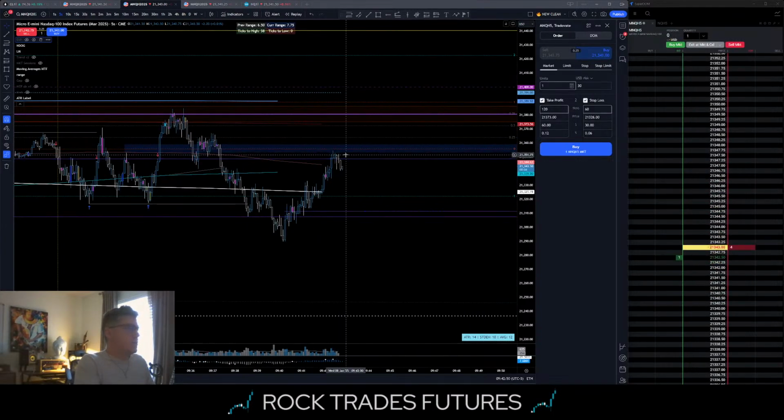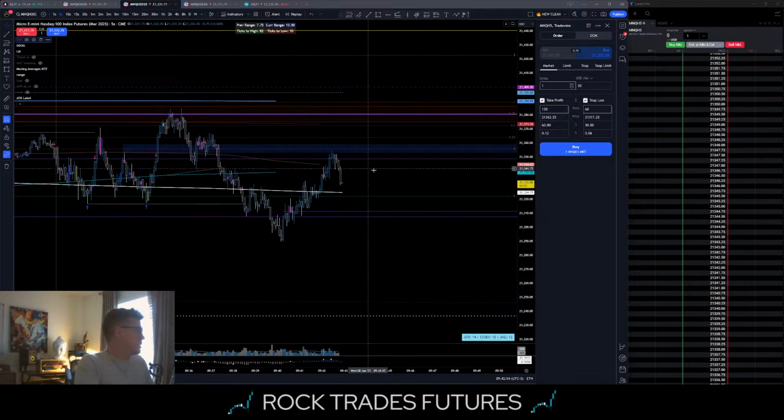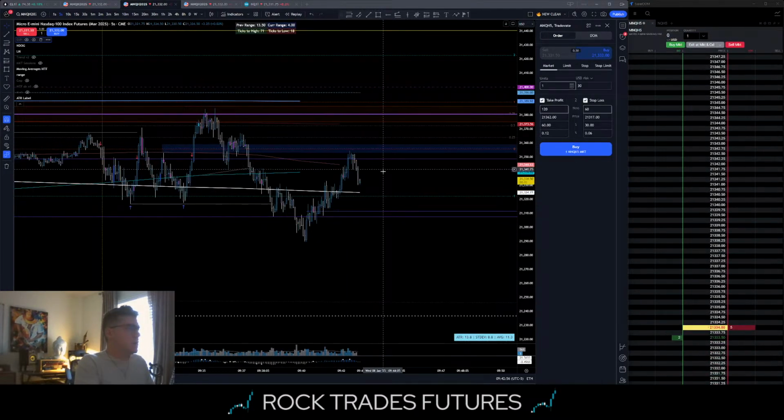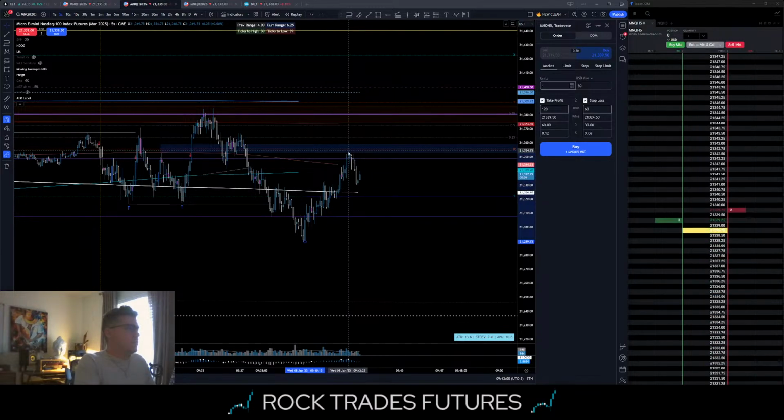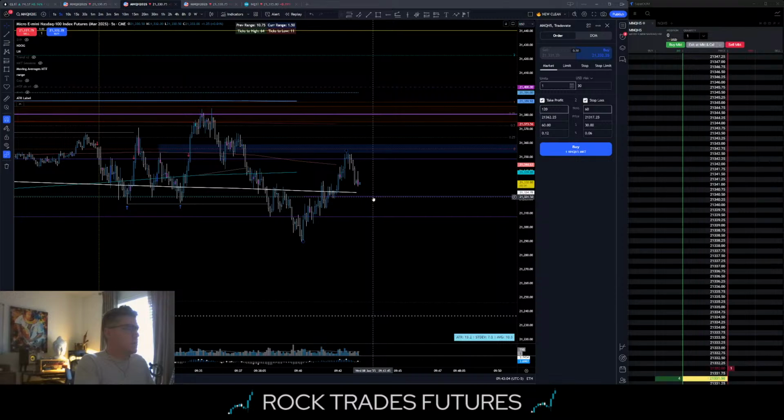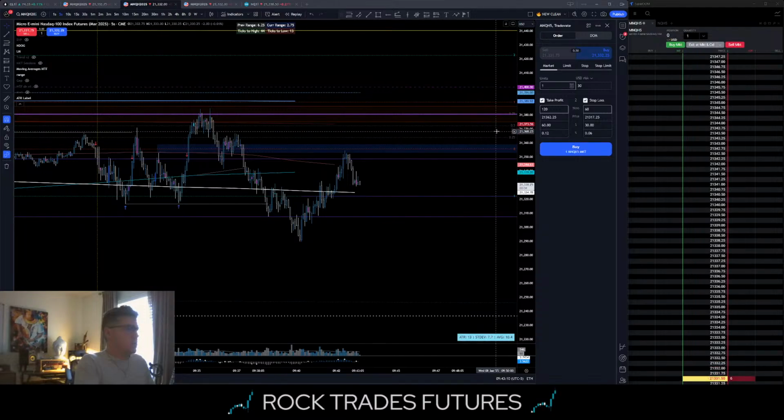All right, gotta be ready to go short here though, actually, because this is initial imbalance. Now, bounce off this moving average, 50% of this range. Resuming our seek and destroy activity.